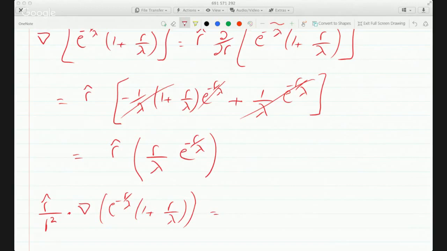I already have an r hat here, dotted with r hat is just 1, and with the r squared, I will get 1 over lambda squared r, e to the minus r over lambda.